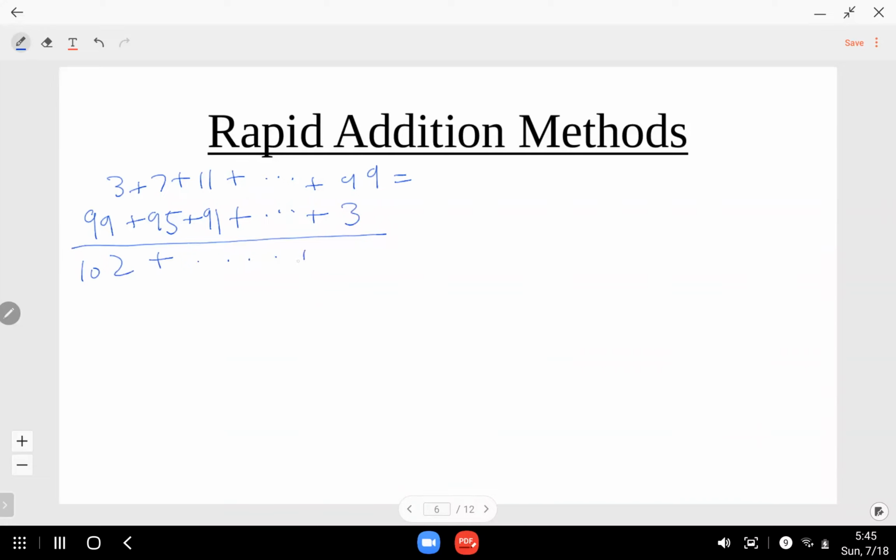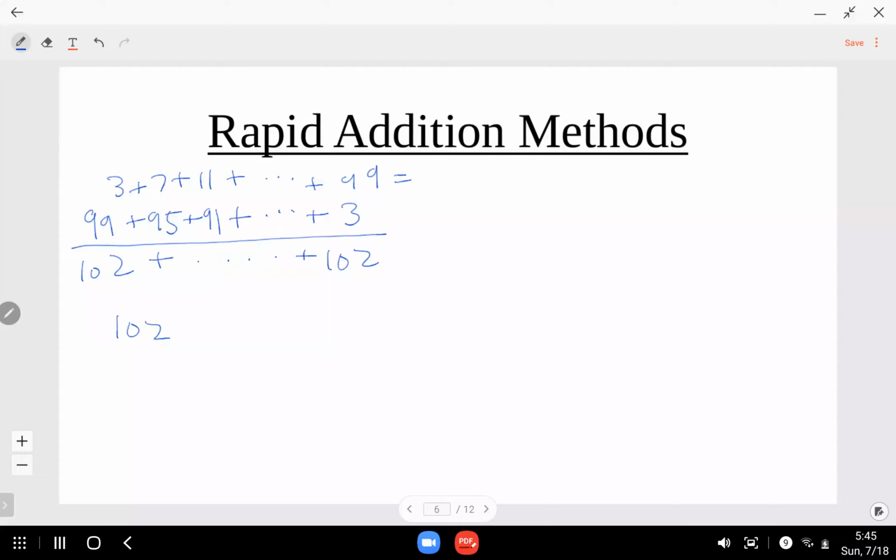So basically, it's just going to be 102 times the number. How many numbers do we have here? How we get the number of numbers in this arithmetic sequence is, it doesn't start from 1, right?